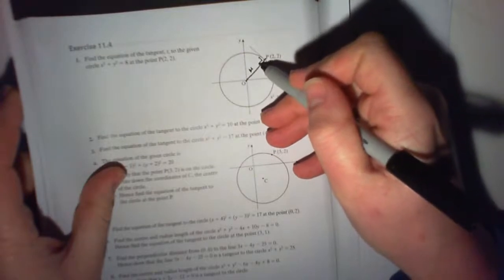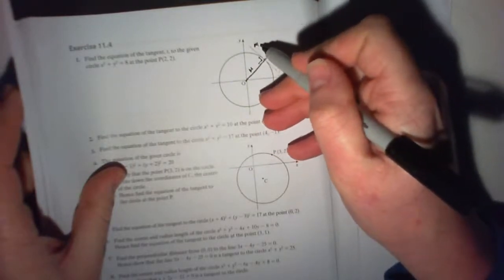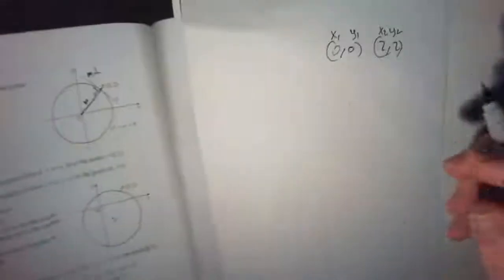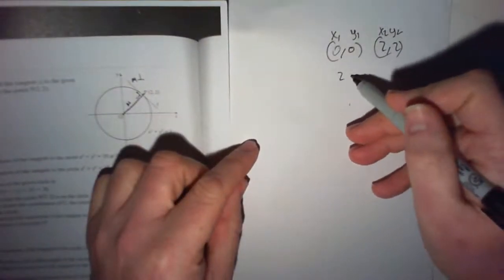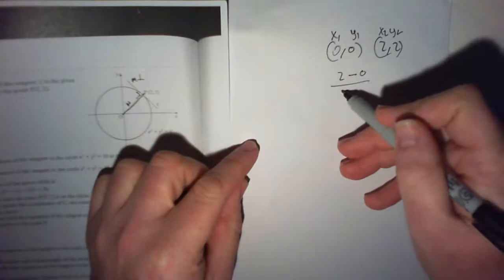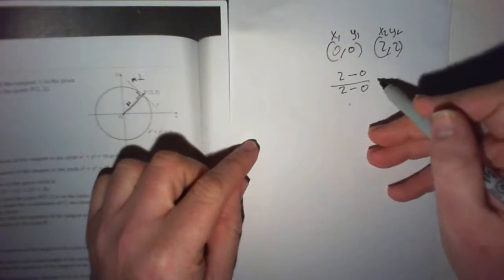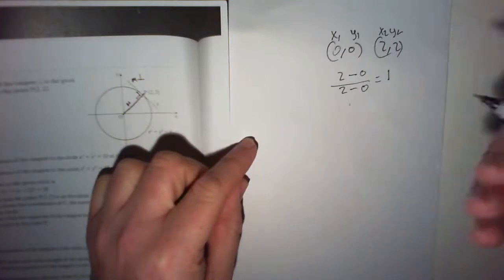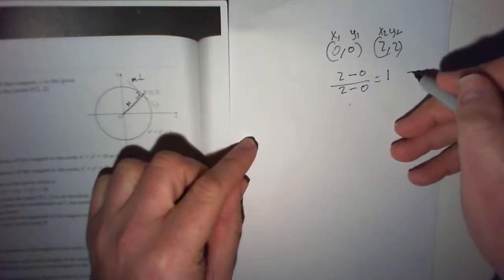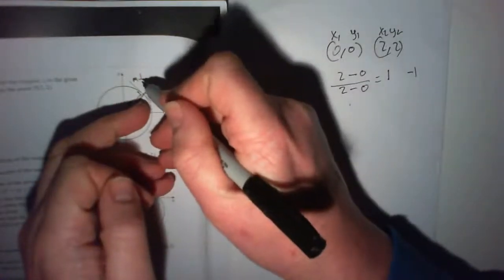And then because we know this is a right angle, I can find this slope here by getting the inverse of it. Okay, so y2 minus y1 over x2 minus x1. That's 1. Slope of 1. If it's a slope of 1, that means the inverse slope is minus 1. So that means the slope of this one is minus 1.